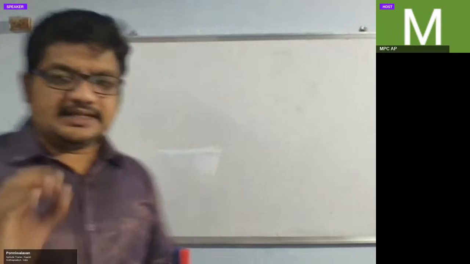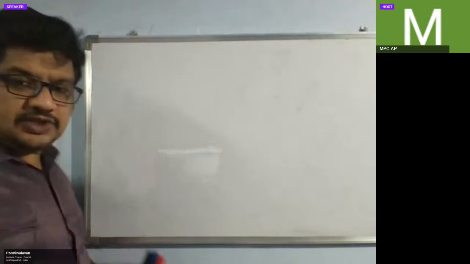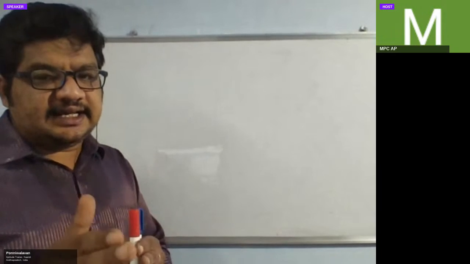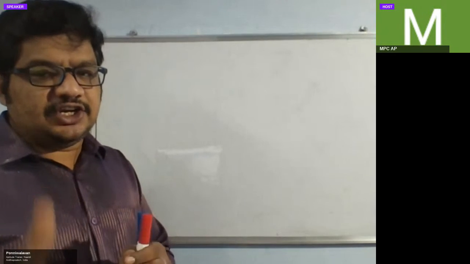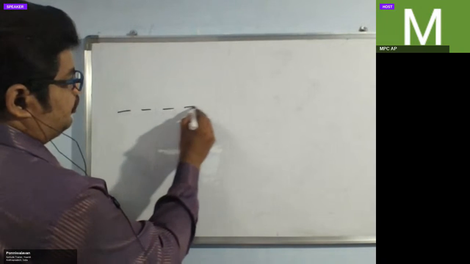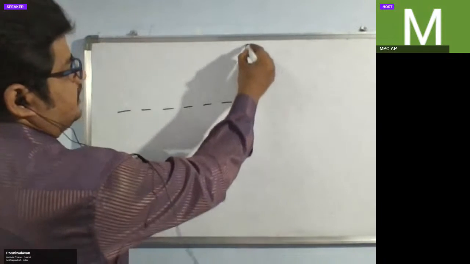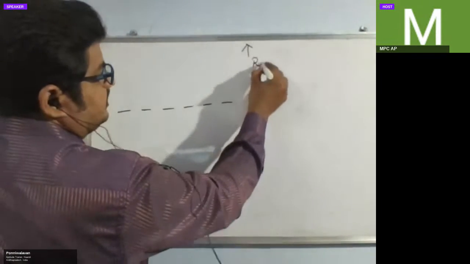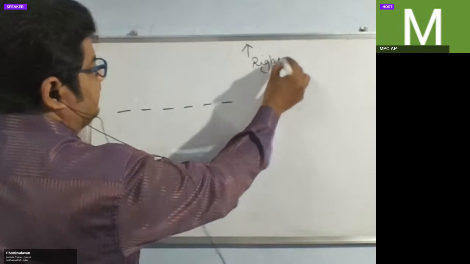Okay, listen. So the question is, A, P, R, X, S and Z are sitting in a row. So 1, 2, 3, 4, 5, 6, and I consider they are facing upwards. So if they are upwards, now this is right hand and this is left hand.